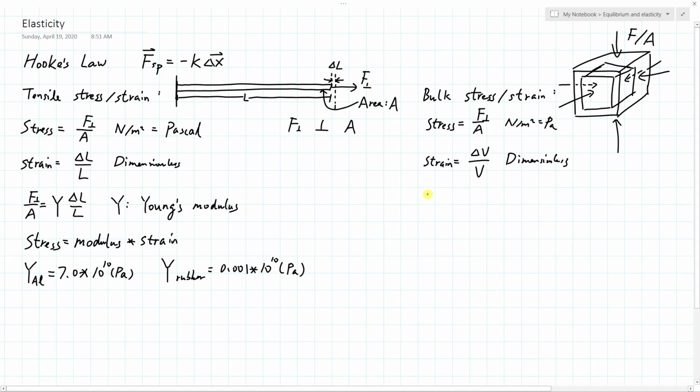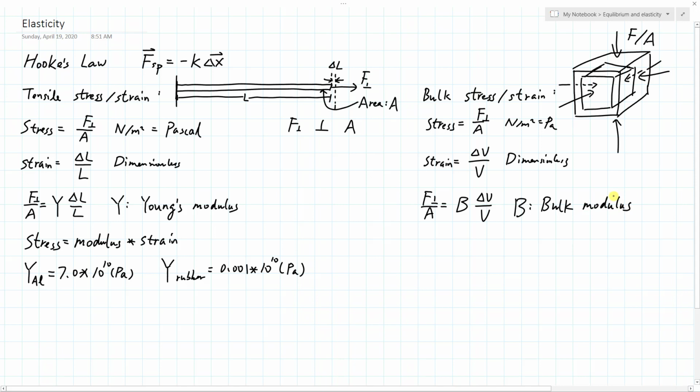So we have force perpendicular over area equals bulk modulus times change of volume over volume. So this is the bulk modulus.